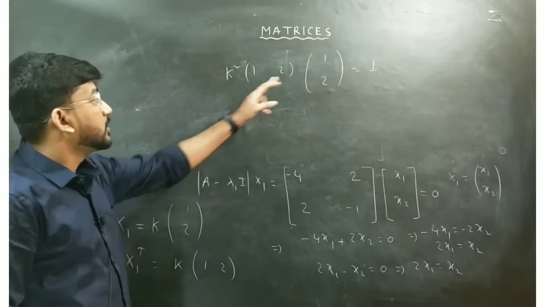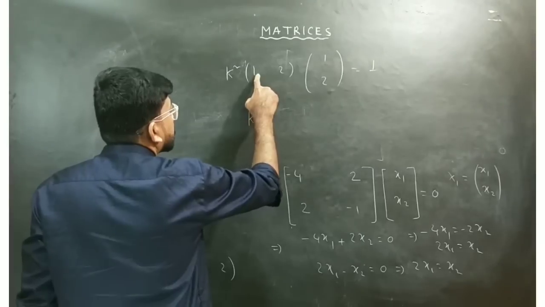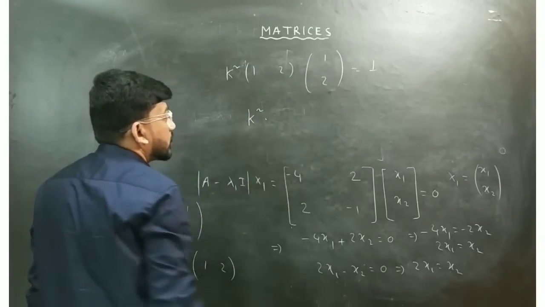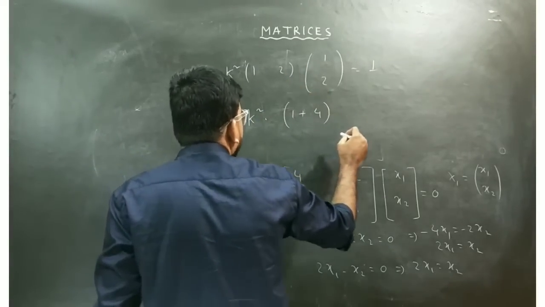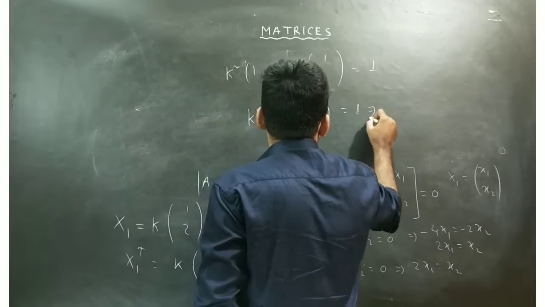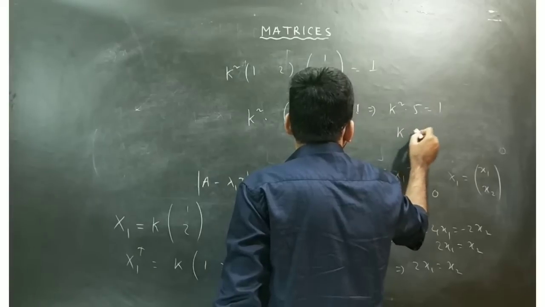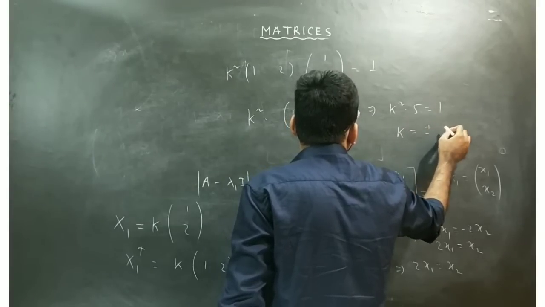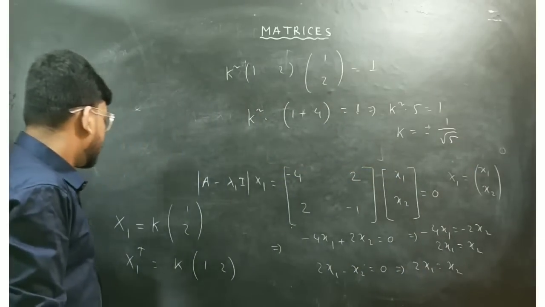Now if you multiply these two, you can see that will be your k square into 1 into 1 and 2 into 2, so 1 plus 4 equal to 1. That means k square into 5 equal to 1. That means your k is equal to plus minus 1 by root 5. So that will be your k.